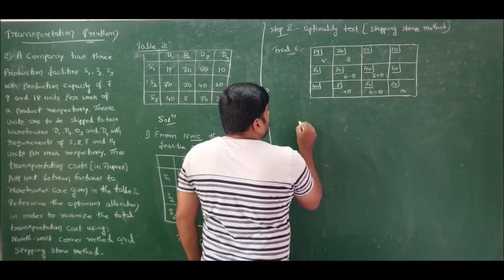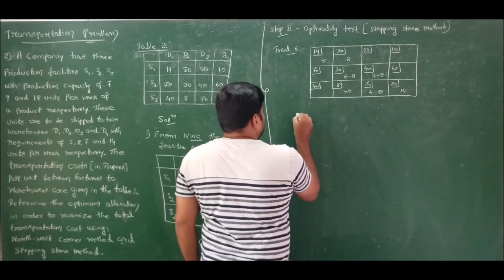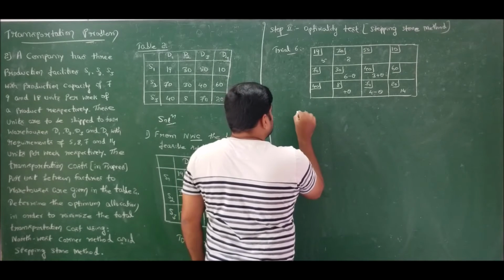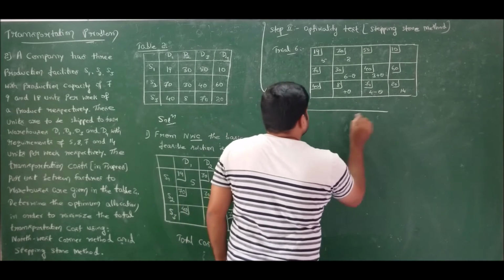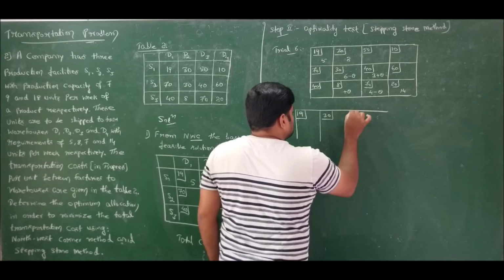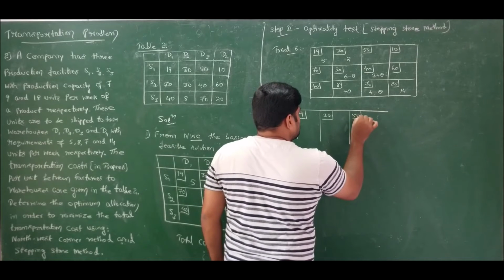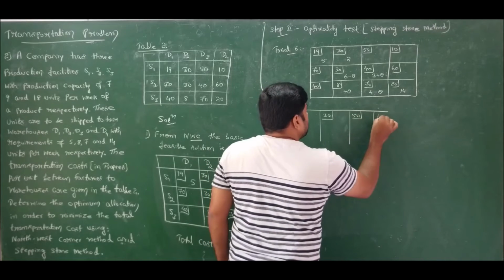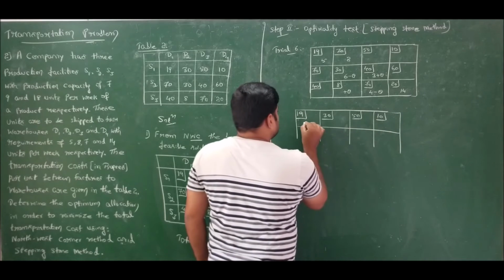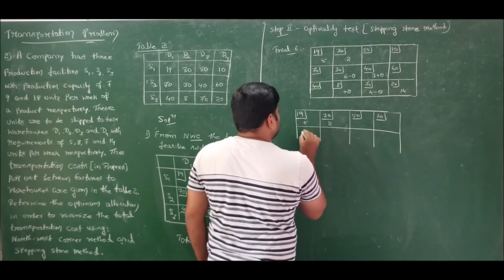If I give theta as 4, I will get the solution as, we have 19, then we have 30, then we have 50, then we have 10. So here we have allocations as 5 and 2.